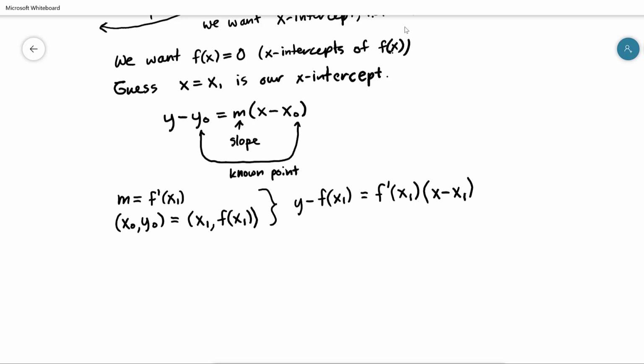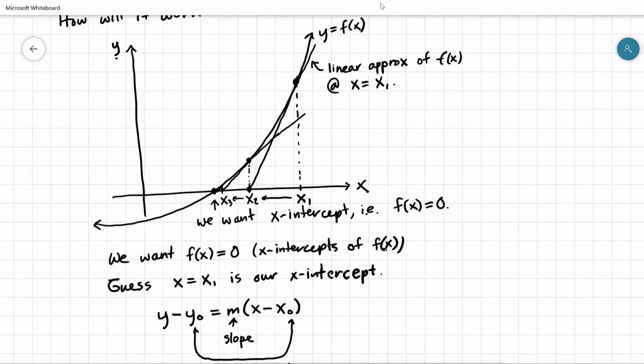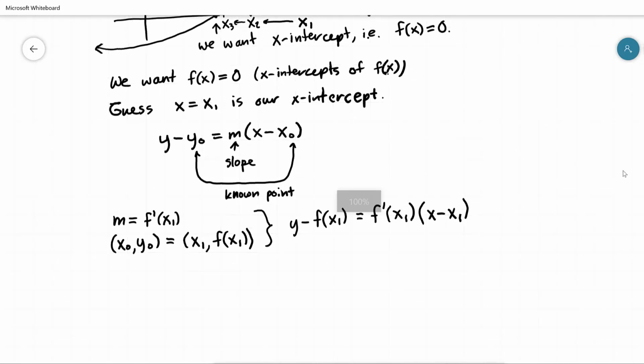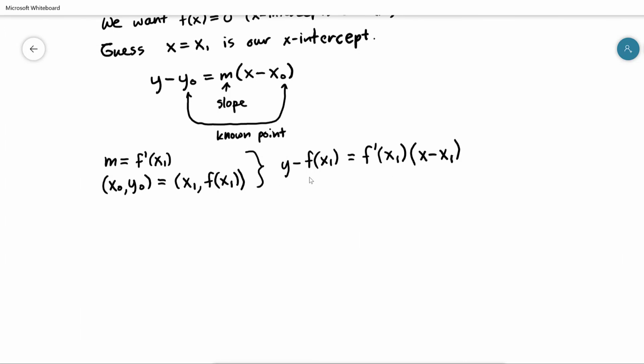So this is the equation of the tangent line that we drew earlier. And we want to figure out what its intercept is, because we want to trace this line. Here's the line that we just found. I want to trace it down to where it intercepts the x-axis. So basically, what is the x value when the y value is 0?